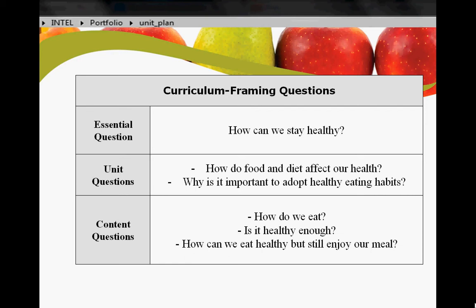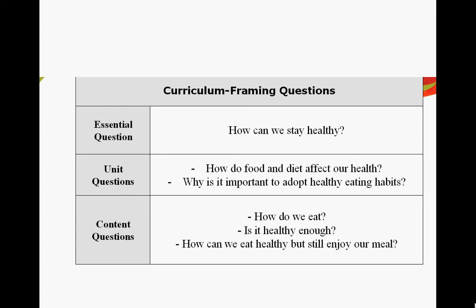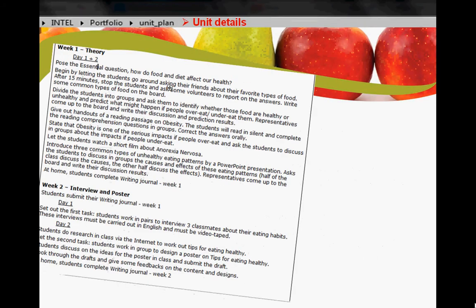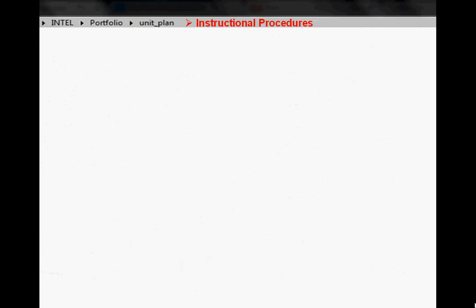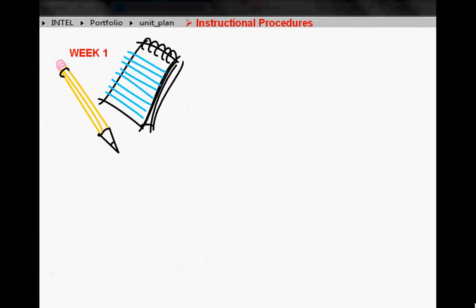To answer these questions, I have designed a 4-week, 2 days a week unit. Week 1 is called the Theory Week. In this week, students will acquire all the basic knowledge about their eating patterns, especially unhealthy eating patterns such as overeating, anorexia, bulimia.